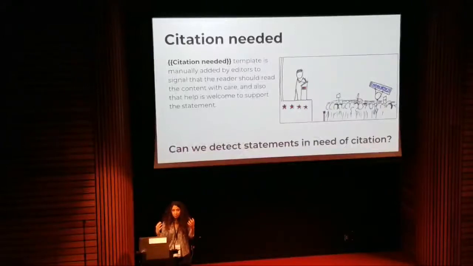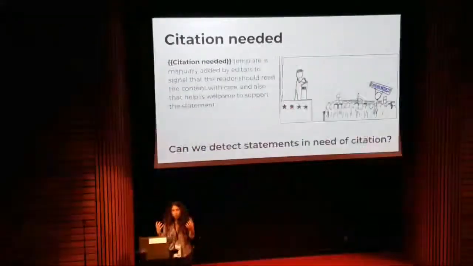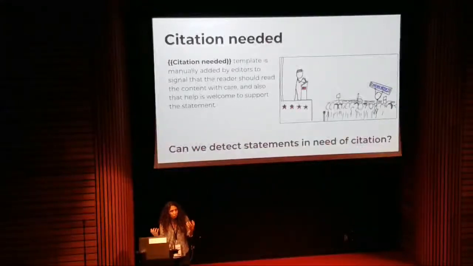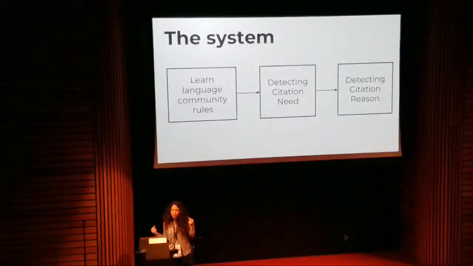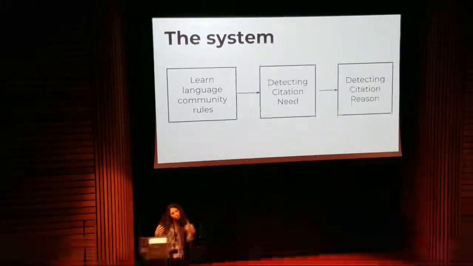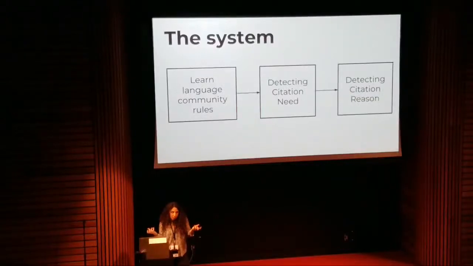And can we design a machine learning algorithm that can automatically detect whether a sentence would need a citation or not, at least suggest it to editors, right? So this is exactly what we did. We first did an experiment with editors to understand what needs to be cited in Wikipedia, and then we designed a machine learning algorithm that can detect whether sentences need citations or not, and also explain, give a reason why.